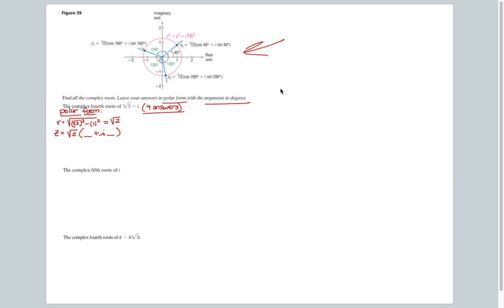So in order to get the square root of 3, we're going to have to put a number that looks like this. It's going to be the square root of 3 over the square root of 2. Okay, and then this one would have to be 1 over the square root of 2.